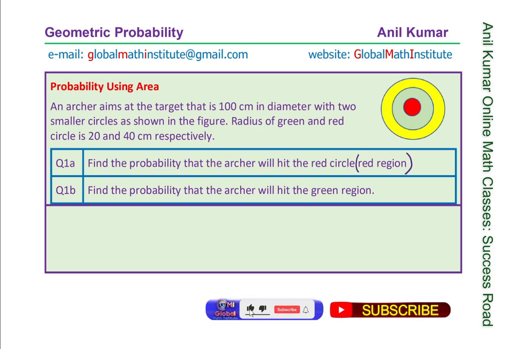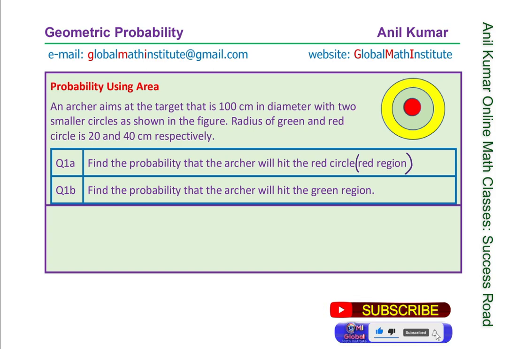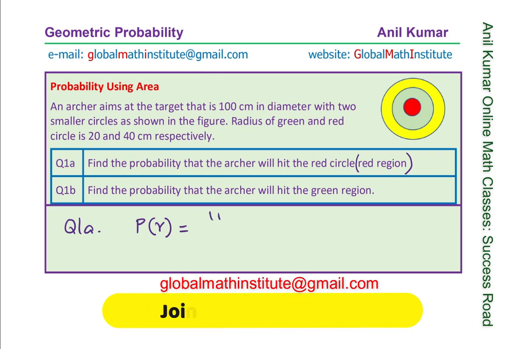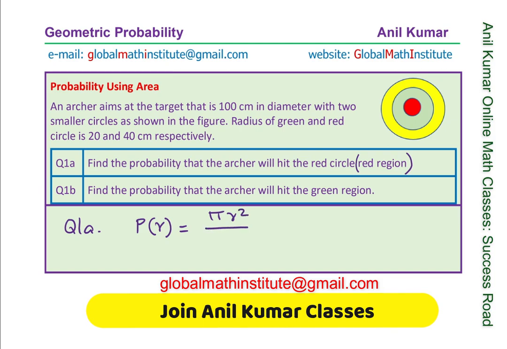As you can see, we need to figure out the area of the red circle and the total area of the bigger circle. Probability is the ratio of these two, right? So for question 1a, the probability of hitting the red circle will be the area of the red circle, which is pi r square, over the area of the bigger circle, which I'm writing here as pi capital R square.